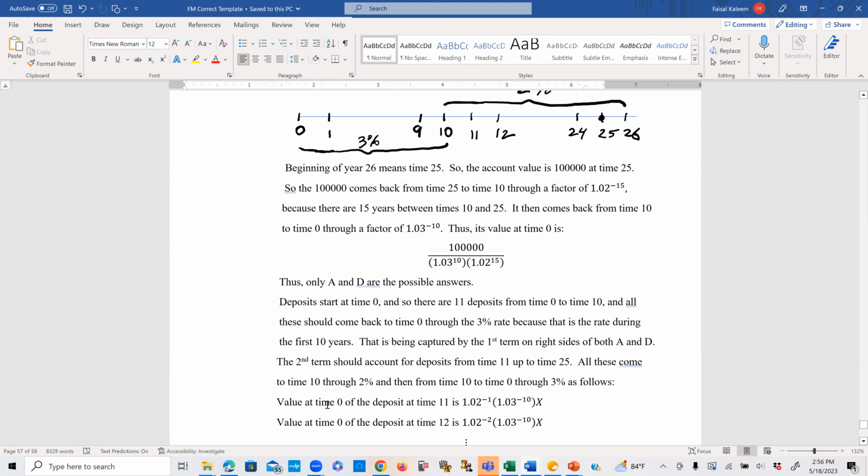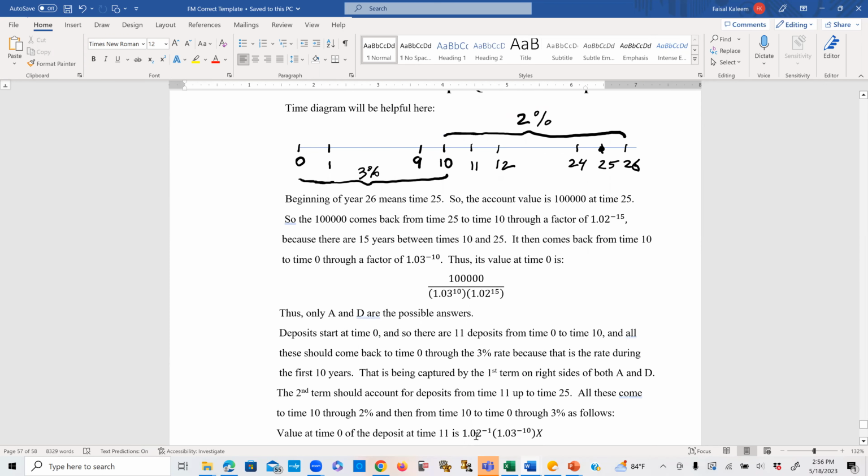So here I'm spelling it out. The value at time 0 of this deposit that's happening at time 11: first you bring it back from 11 to 10 by multiplying it by 1.02 to the negative 1, which is what I'm doing here. And then to bring it from 10 to 0, I have 10 factors of 1.03 to the negative 10. Yeah, that's what I have here, 1.03 to the negative 10.